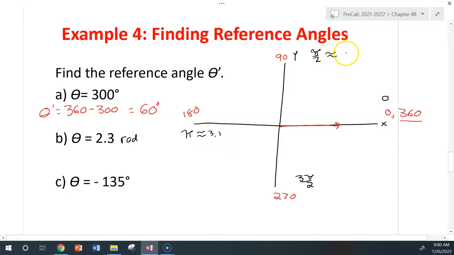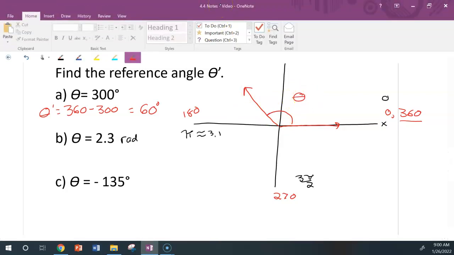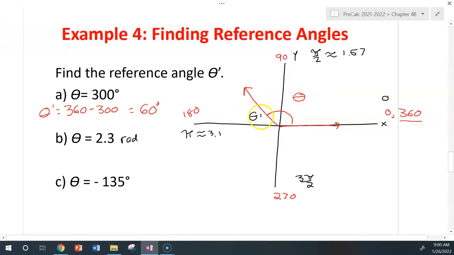Pi over 2 is approximately 1.57. So 2.3 is going to be somewhere in here. So right here is theta. That means theta prime is right here, shortest distance to the x-axis.